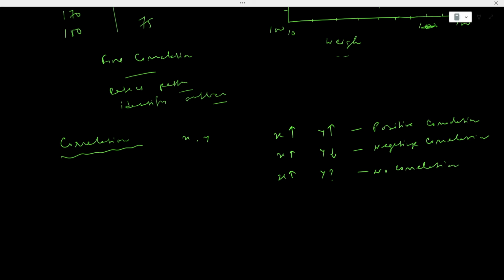So when x increases and y increases, that is positive. When x increases and y decreases, that is negative. And when there is no relationship, whether x is increasing or decreasing, y doesn't depend on my x value, then it is called no correlation.